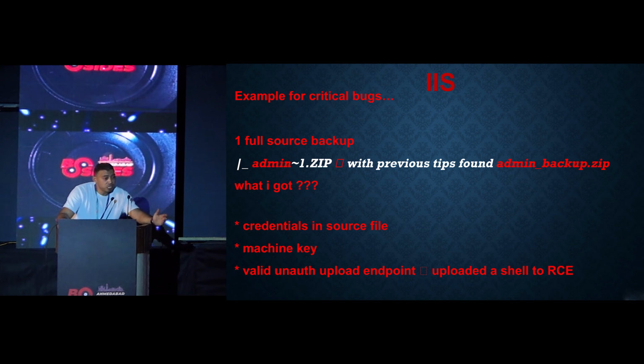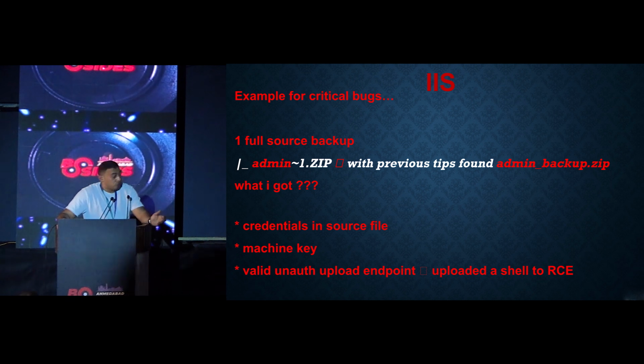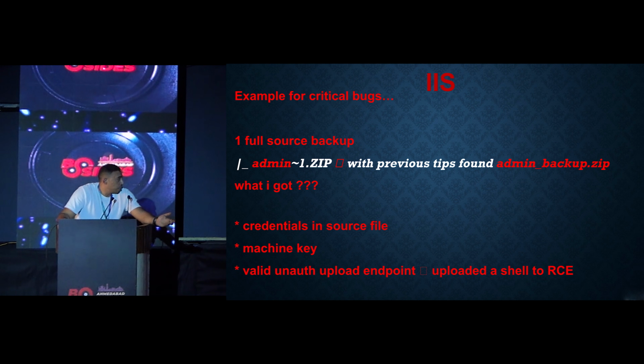First thing, credentials in the source code itself. Second thing, a machine key, and that led directly to RCE. Third thing, I was able from the source itself to locate an authenticated upload endpoint, and from there I uploaded an ASPX shell and got RCE.